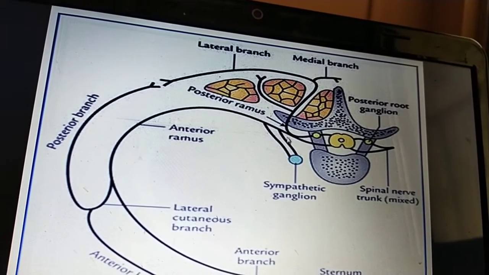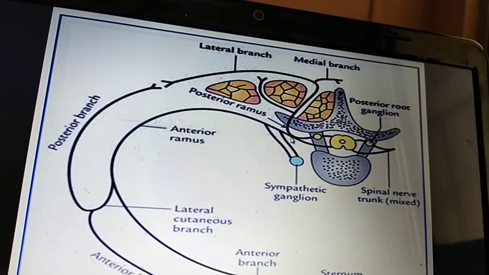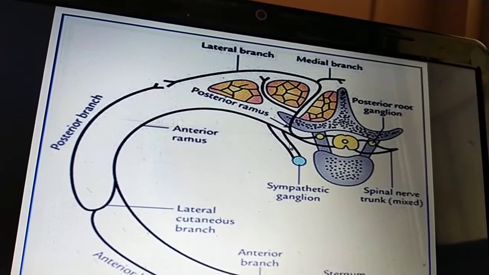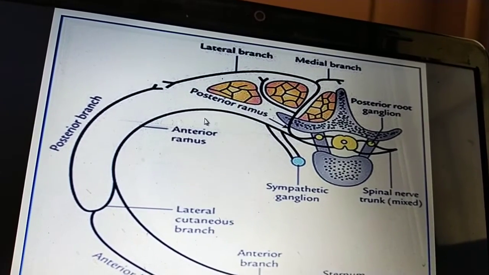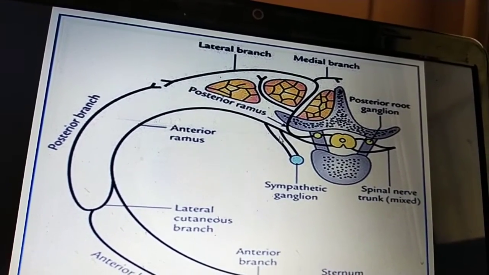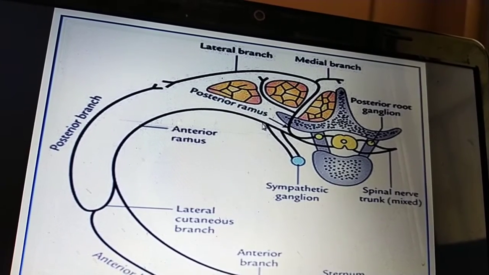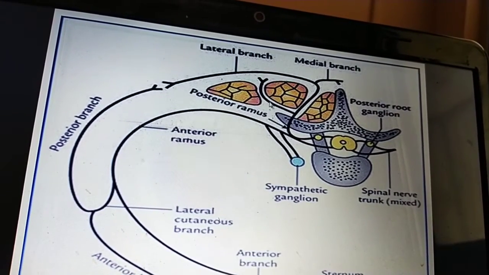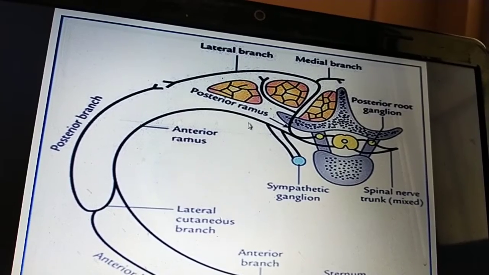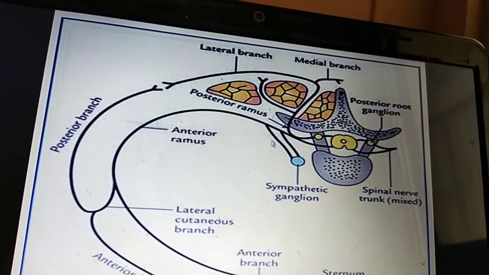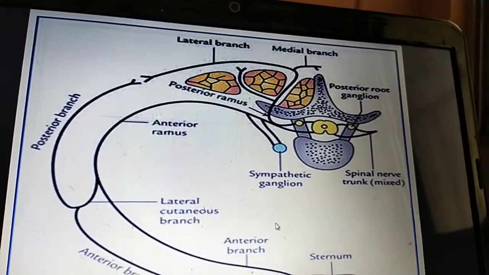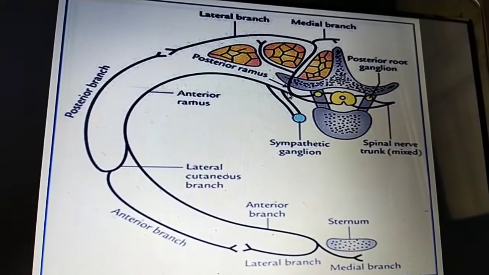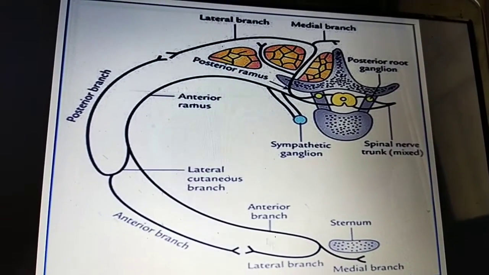The roots join and form the ganglion, the dorsal root ganglion. Then it is a nerve. Okay, like that. And there is a sympathetic ganglion. Okay, there are further medial and lateral branches of the posterior ramus and the anterior ramus. Okay, and this comes and forms the anterior ramus.